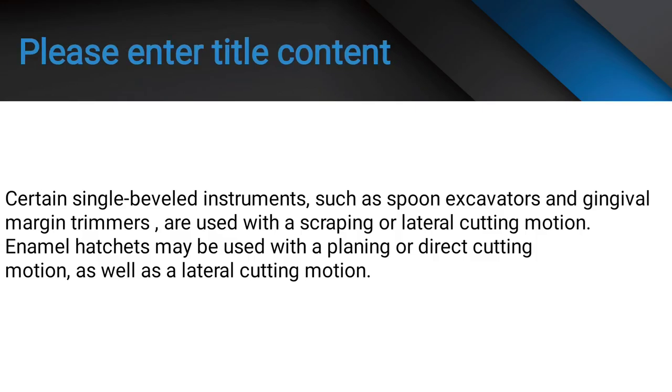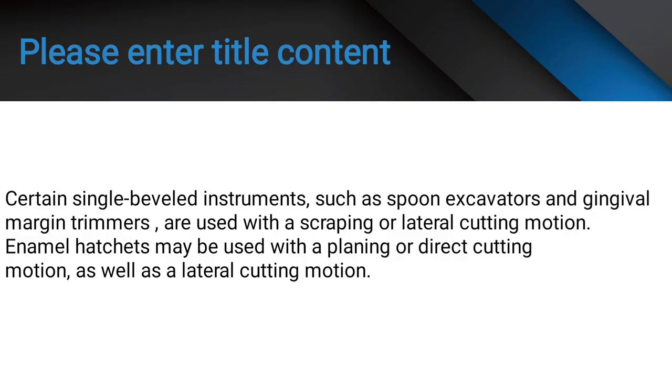Beveled instruments such as spoon excavators and gingival marginal trimmers are used in scraping or lateral cutting actions, whereas the enamel hatchet may be used for planing or direct cutting motion as well as lateral cutting action.